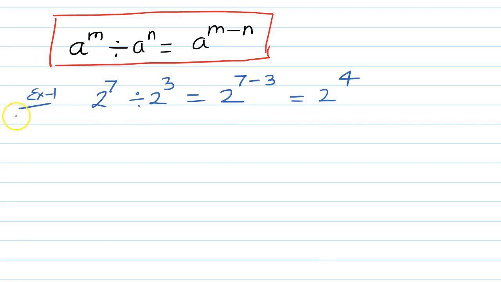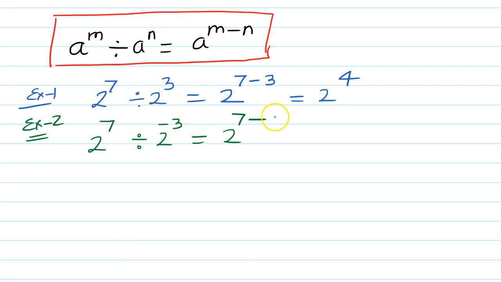Now example 2: 2 to the power 7, and here it is 2 to the power minus 3. What do we need to do? From the first power take away the second power, and the second power is already minus 3. So this minus and minus will turn into positive. So 2 to the power 7 plus 3, that is 2 to the power 10.